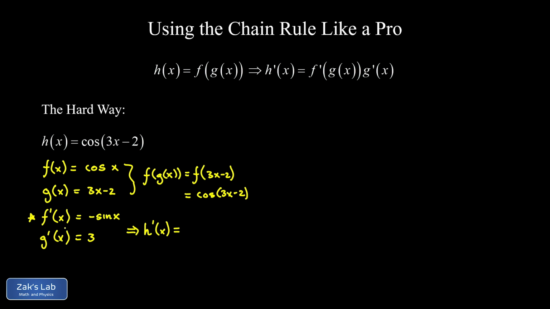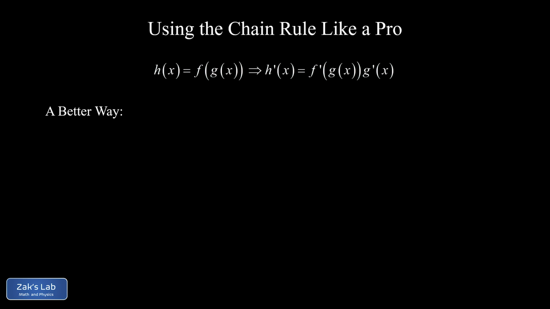So I need to take my formula for f prime of x and evaluate it at g of x. So that's negative sine, and then replacing the x with 3x minus 2, I get negative sine of 3x minus 2. And then I multiply by g prime of x, which was a 3. And we can say this a little bit nicer. I'm going to write it as negative 3 sine of 3x minus 2, and we've got our derivative.